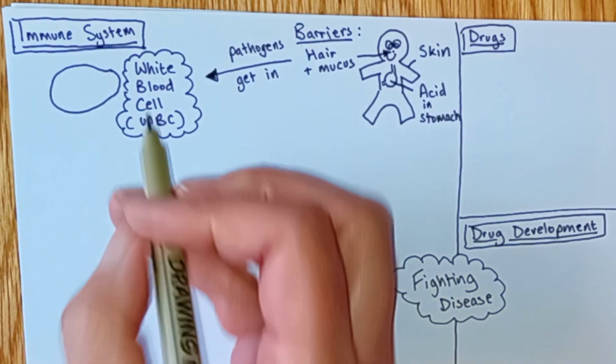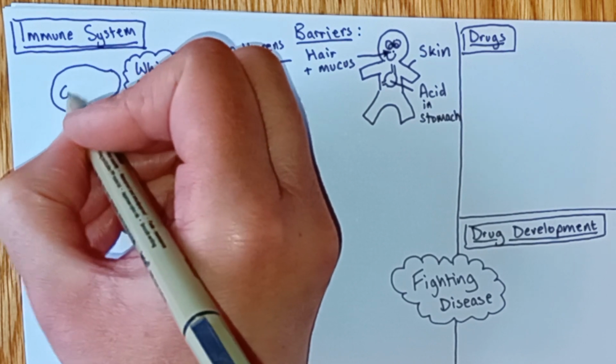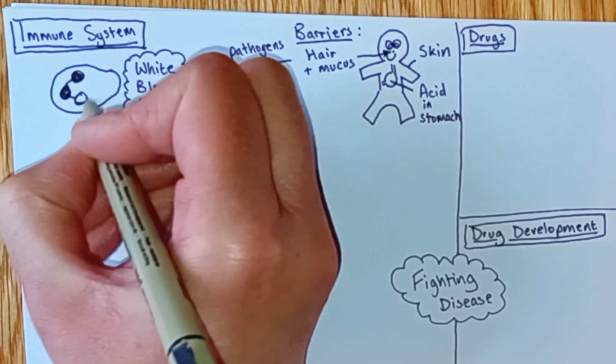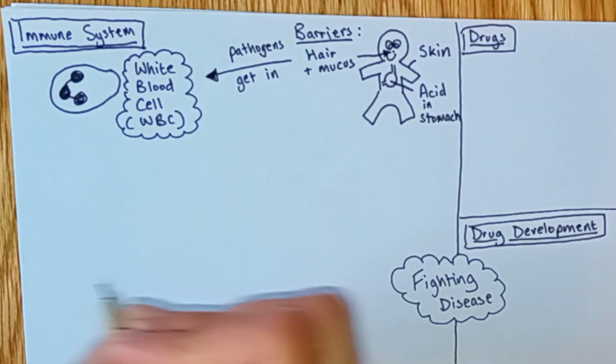White blood cells then, as the name suggests, are found in the blood, and there are loads of different types of white blood cells. Some of them have got funny shaped nucleuses, so they're lobed like that. Others have got massive nuclei, and they do a variety of different jobs. But the 3 jobs that you need to know about at GCSE are as follows.